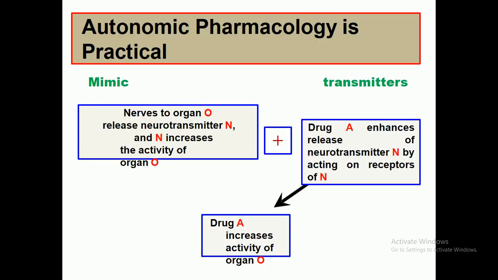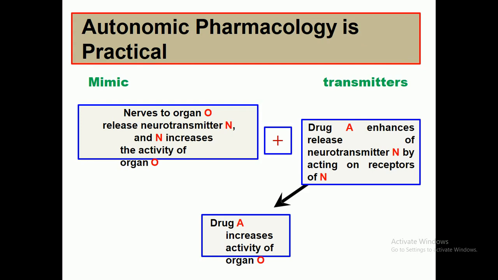Now come toward the basic things, autonomic pharmacology and practicals. In this slide I have mentioned that a drug mimics the nerves to organ O, which release neurotransmitter N and increase the activity of the organ O. Look at here in this chart, this point is clear. What are neurotransmitters? Neurotransmitters may be in the form of acetylcholine.